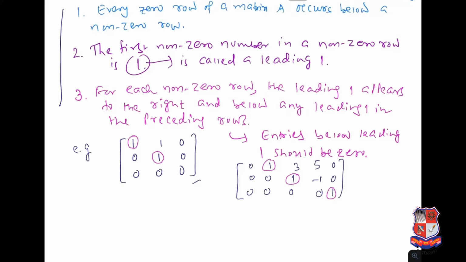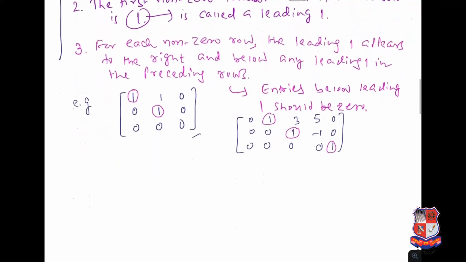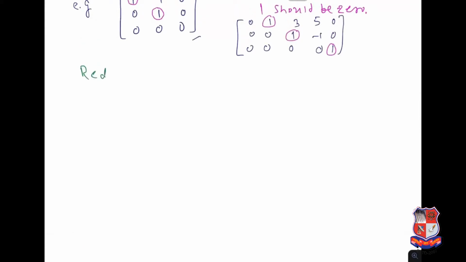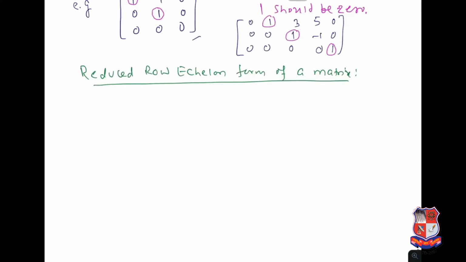There is also one more concept, and that is reduced row echelon form. Reduced row echelon form of a matrix. So the reduced row echelon form means what?